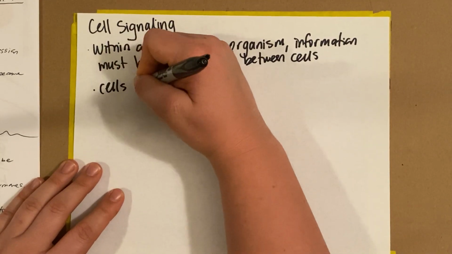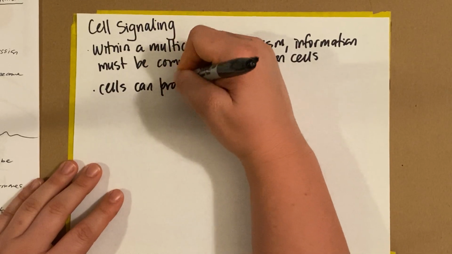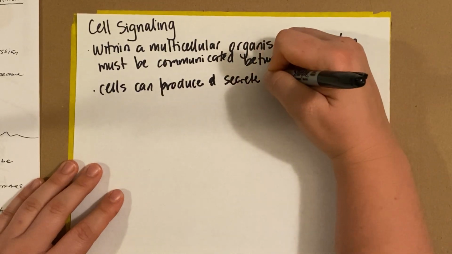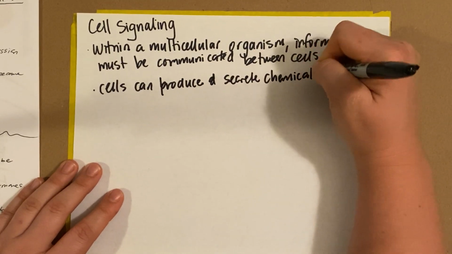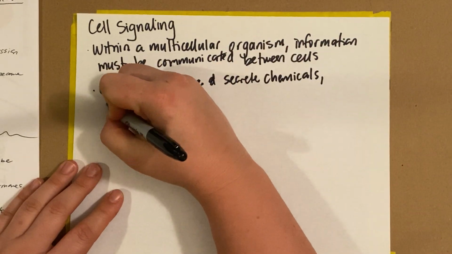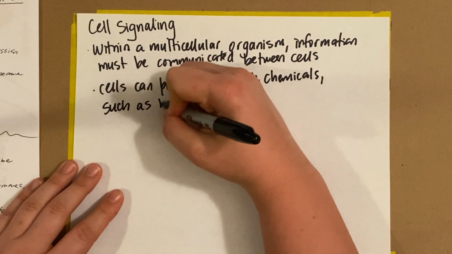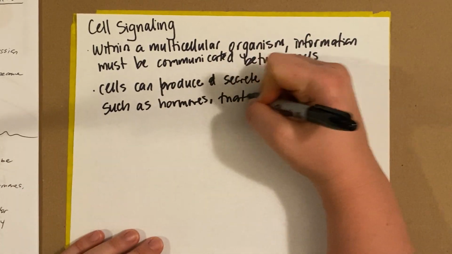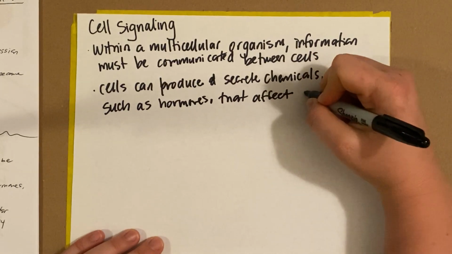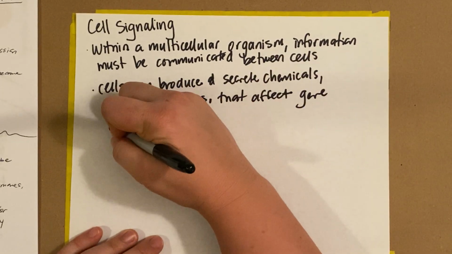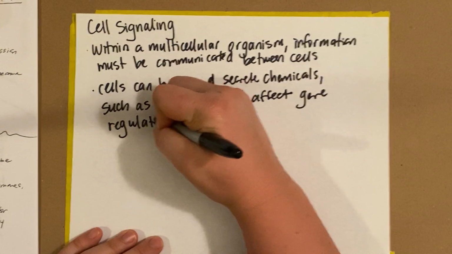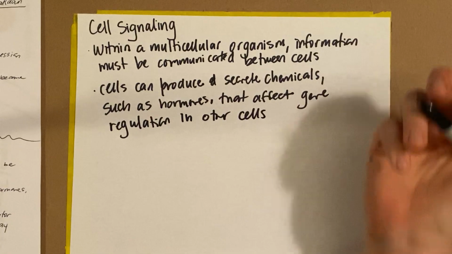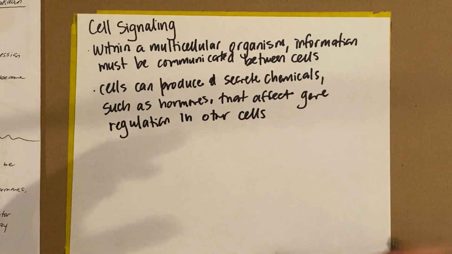Cells can produce and secrete chemicals. Some of these are going to be called hormones, that affect gene regulation in other cells. Okay, so this happens a lot.